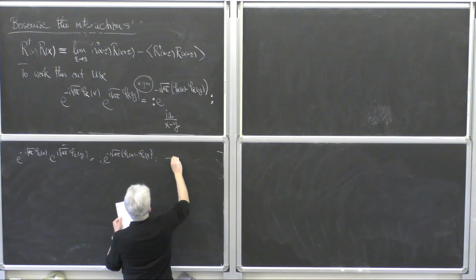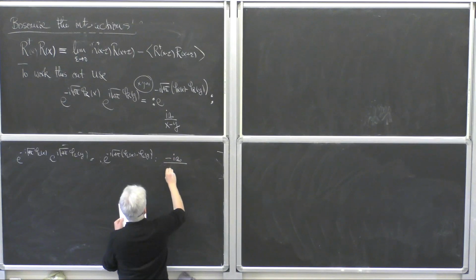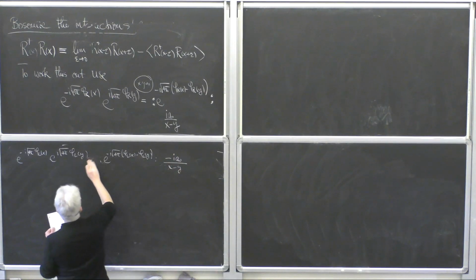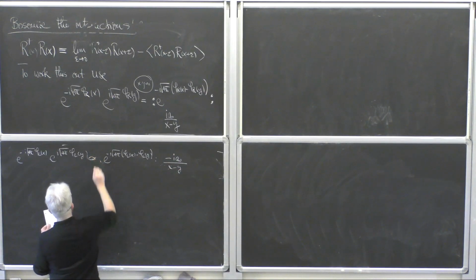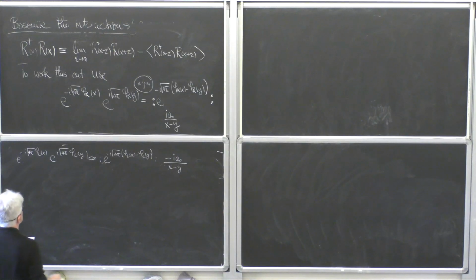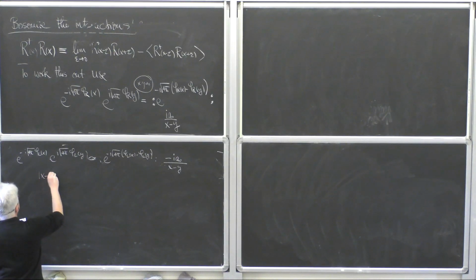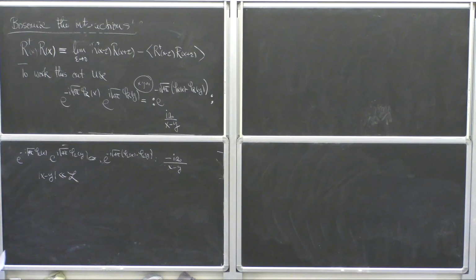And then here we get an extra minus sign. This you get from the formulas we had, in the limit when x minus y is much less than the physical length of the ring on which the free boson is defined.